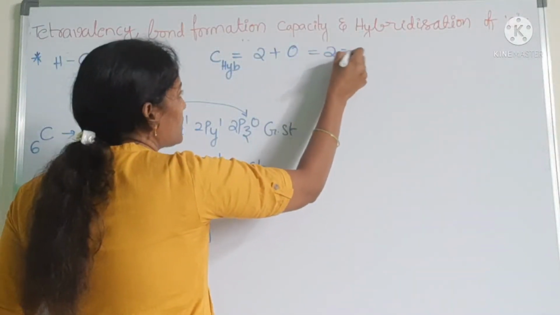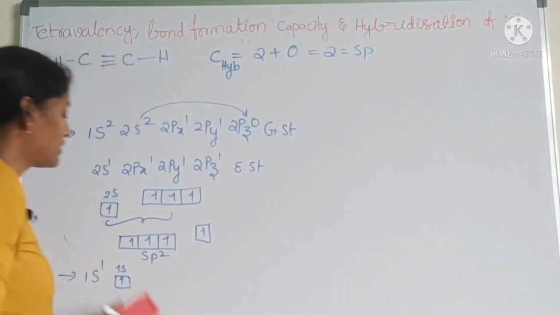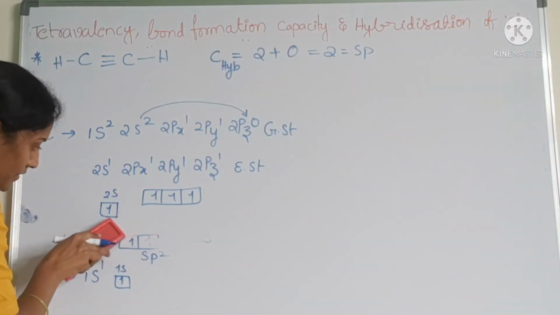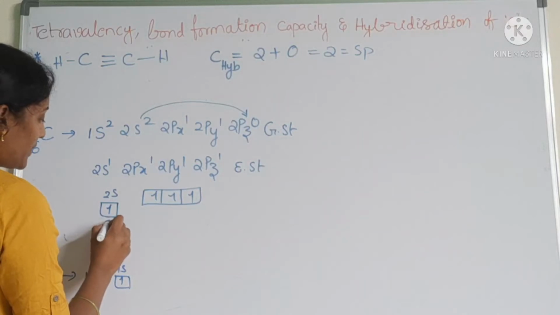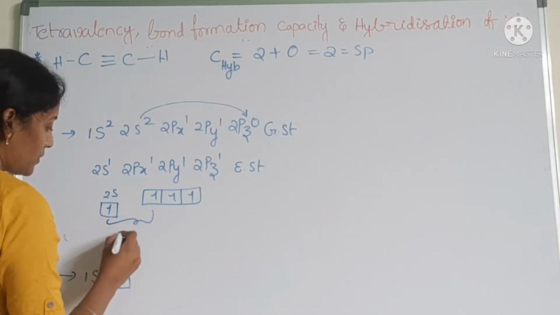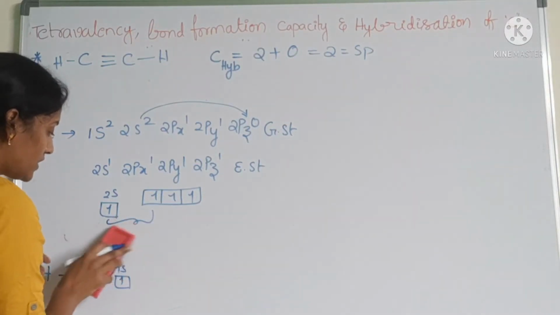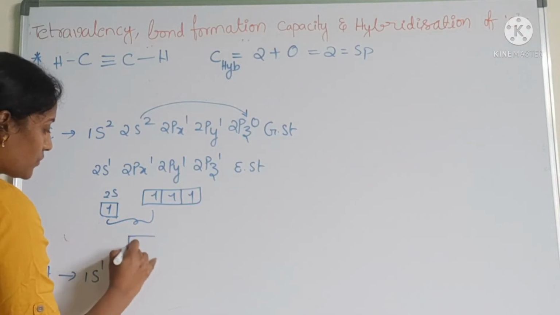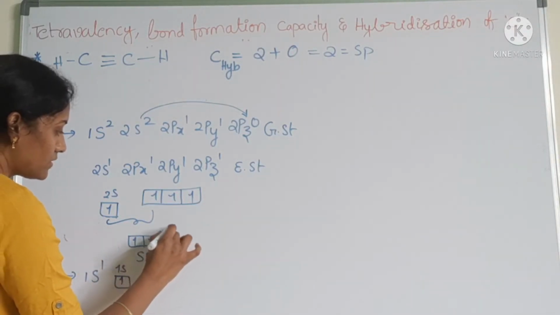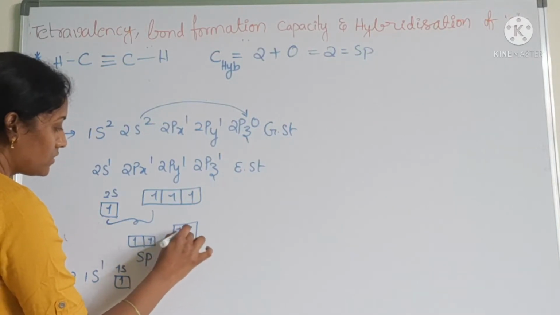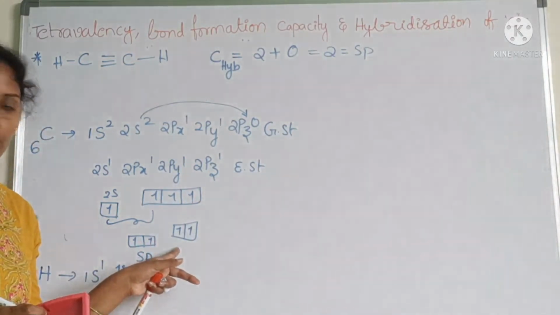That means 2 equals sp hybridization. See here, only one s orbital and one p orbital will be redistributed with each other. They will form two sp hybridized orbitals and two unhybridized p orbitals are there.